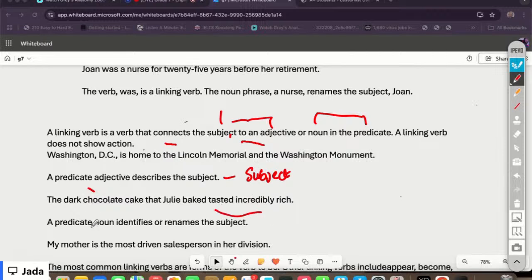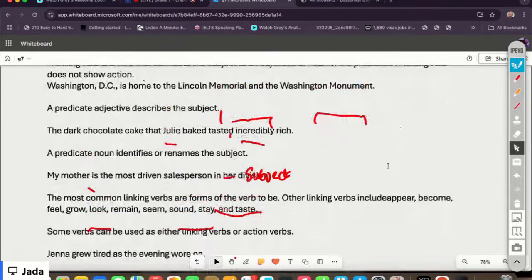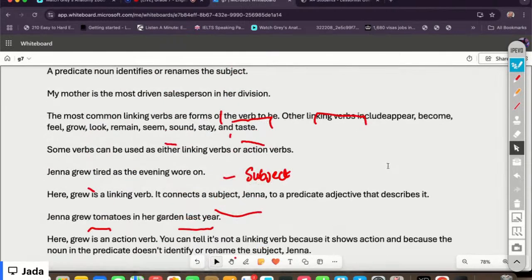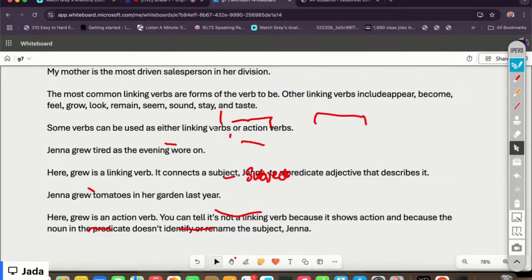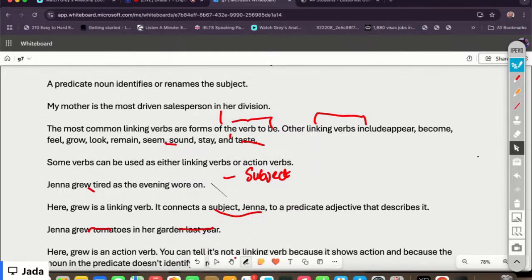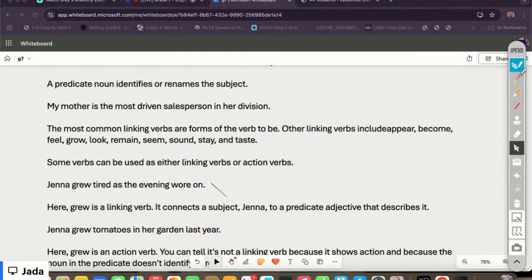Okay. Now, a predicate noun identifies or renames the subject. If you have a predicate noun, it can either identify or rename the subject. For example, we have "my mother is the most driven salesperson in her division."